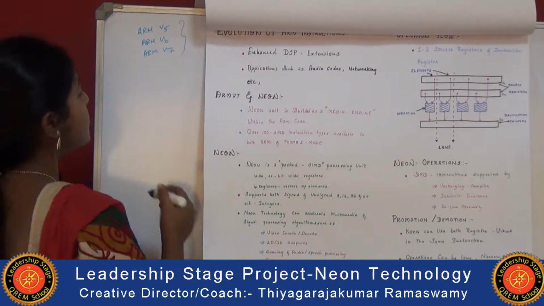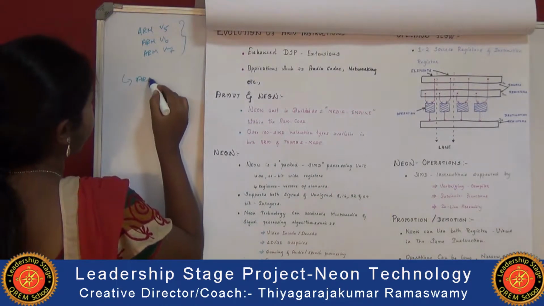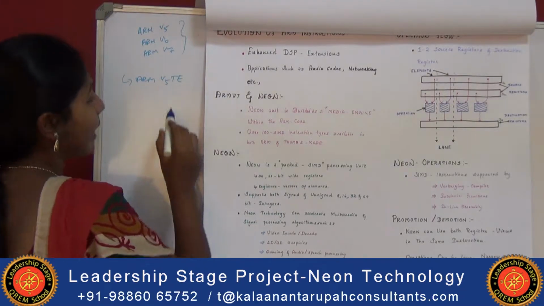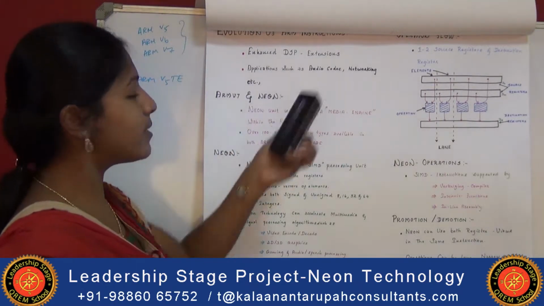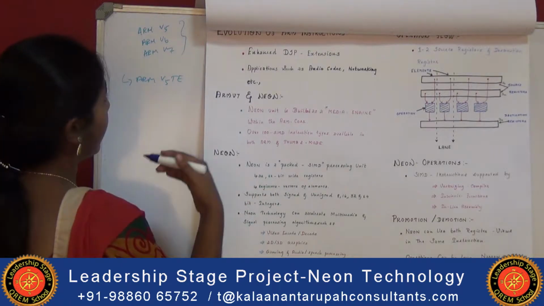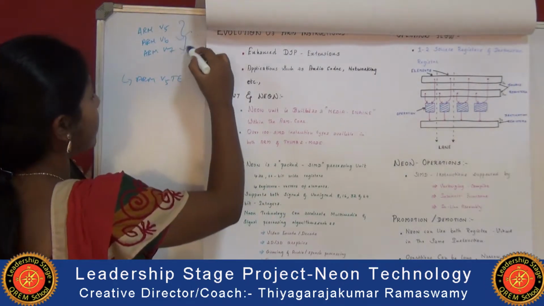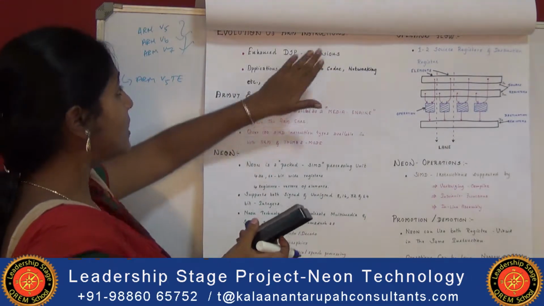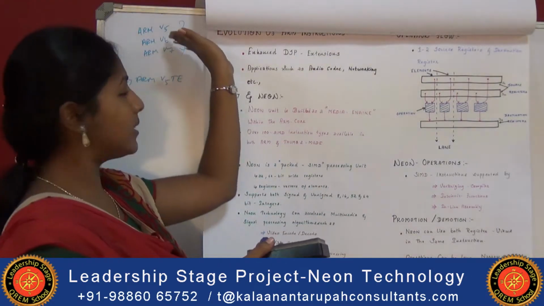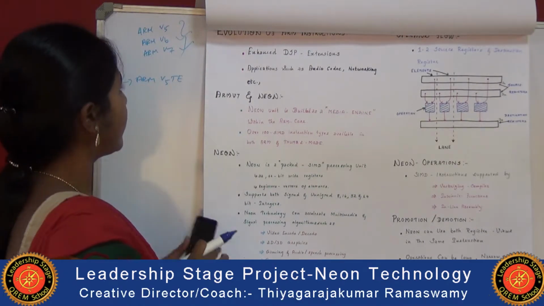These are the architectures. First, ARM version 5TE is the architecture which introduced the enhanced DSP extensions. This DSP extension is also supported by ARMv6 and ARMv7, so it has full support in all these architectures: ARMv5, ARMv6 and ARMv7.